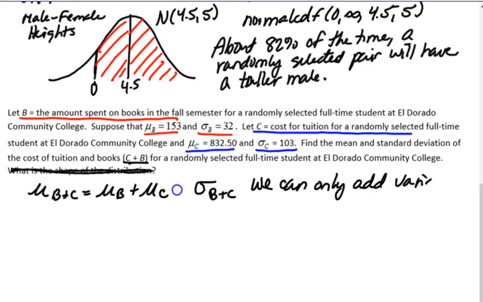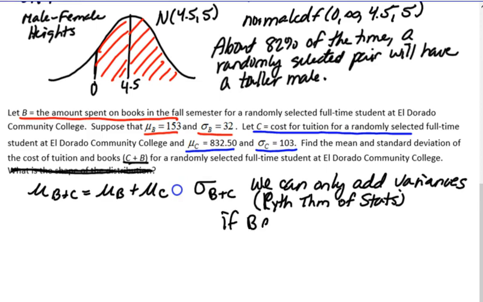In other words, we can only use the Pythagorean theorem of stats if B and C are independent.